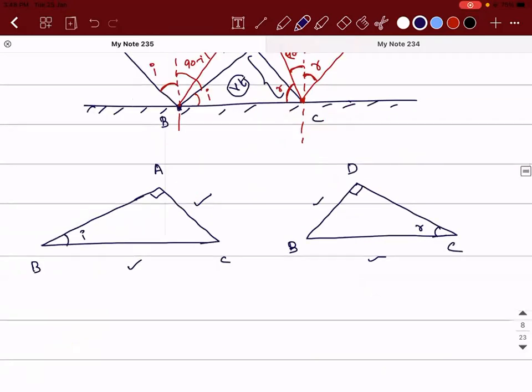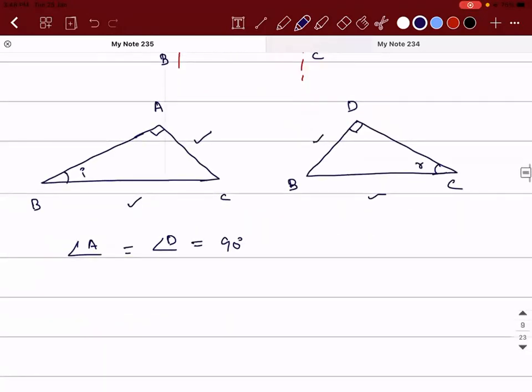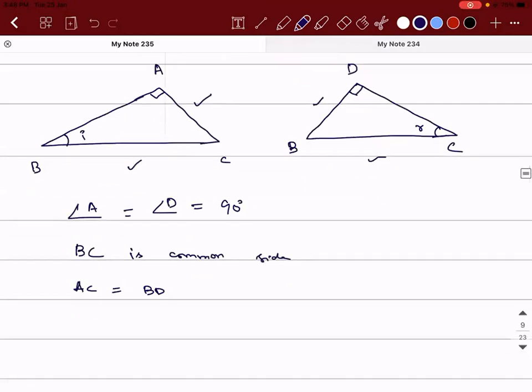So what are we trying to do? Angle A is equal to angle D is equal to 90 degrees. BC is a common side and AC is equal to BD. So what we can conclude is that these two triangles are congruent.